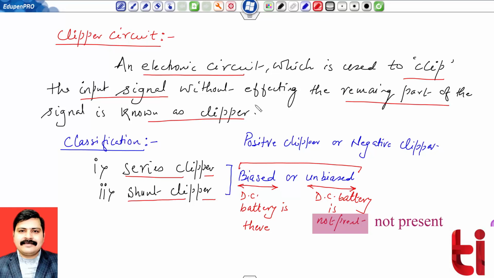If the positive segment of the input signal is clipped out, it is termed a positive clipper. If the negative portion of the input signal is clipped out, then it is termed a negative clipper. And one more category is possible, which is very interesting and important, termed the bidirectional clipper.